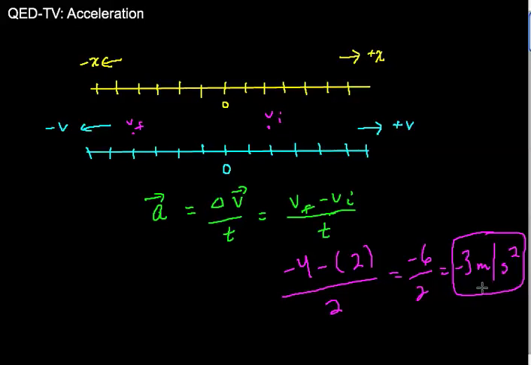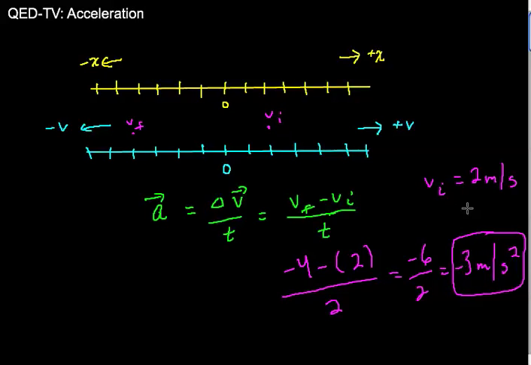So am I speeding up or am I slowing down? Well, let's look at our initial velocity. Our initial velocity, VI, was 2 meters per second. And you'll notice that the signs are not the same.